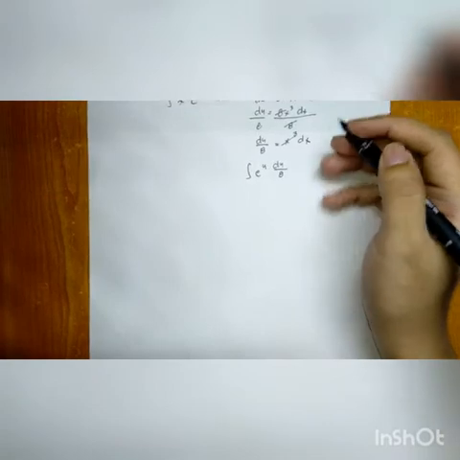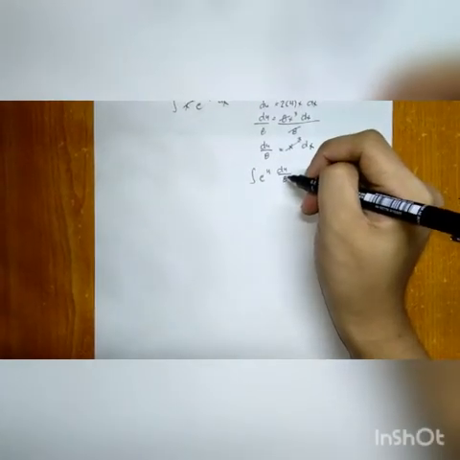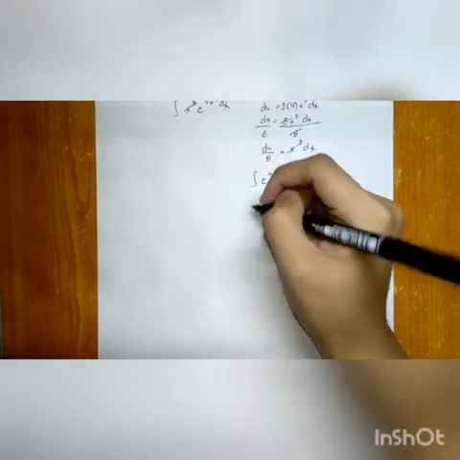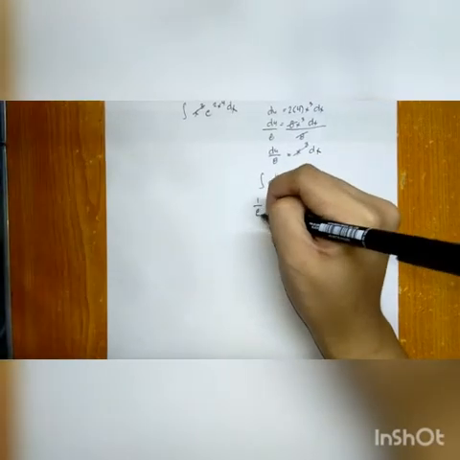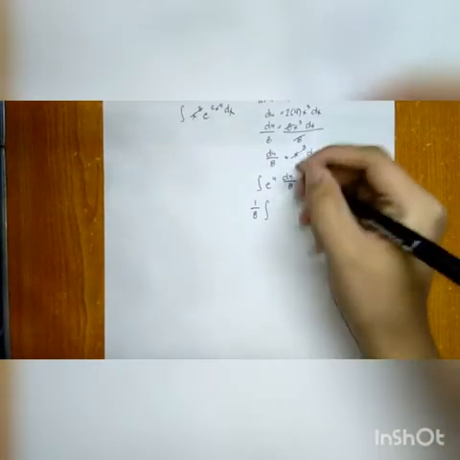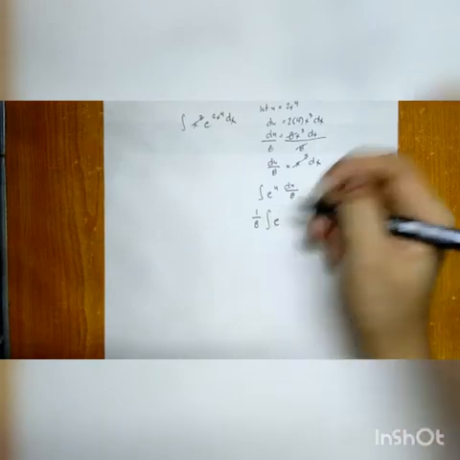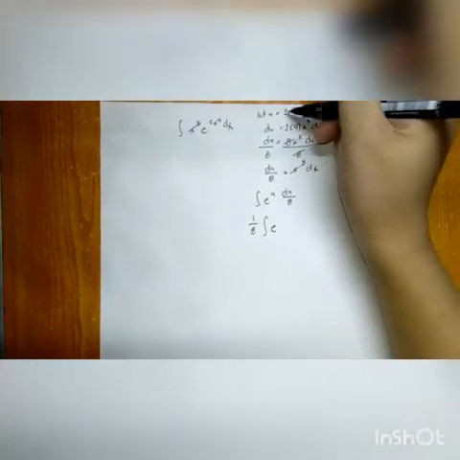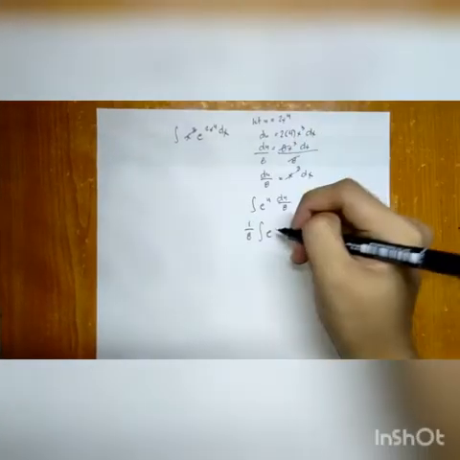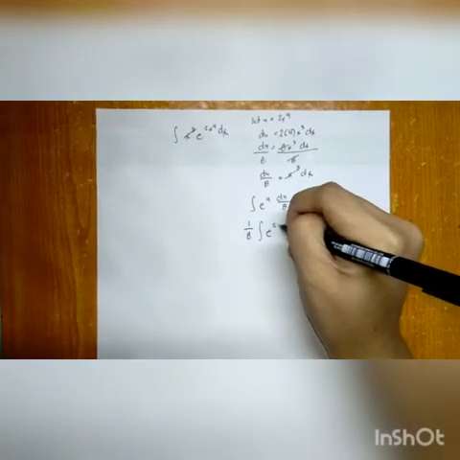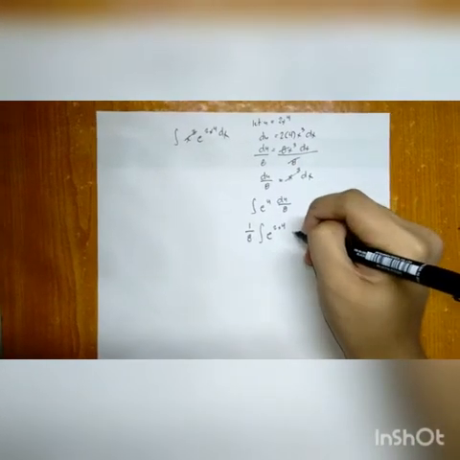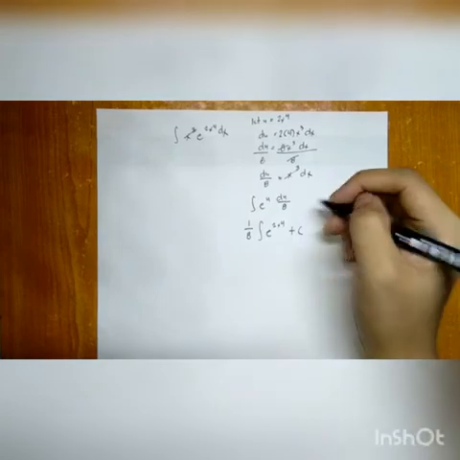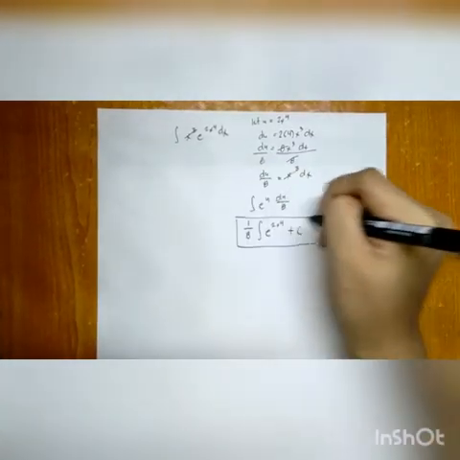Now, we will put the constant 1/8 outside. The integral of e to the u du. Now, we will put the 2x raised to the 4th again in place of u. Then, add the constant. Here is our answer.